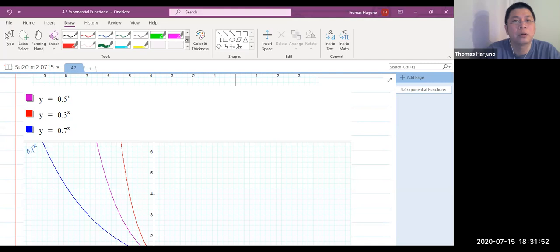The purple one is 0.5 to the x. Of course, it goes indefinitely far. And then my red one is 0.3 to the x.